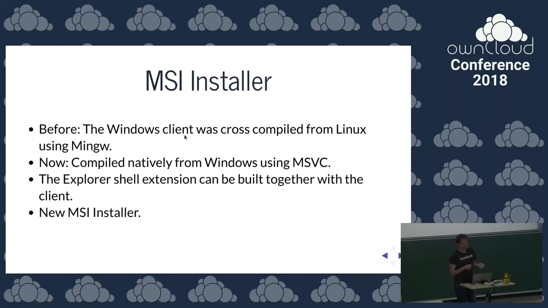The MSI installer is more or less the standard on Windows to install things. So there are a few more features. There will be a talk tomorrow about exactly what this means for you. This doesn't look like a big change, but it actually is so much work for the people involved. So yeah.